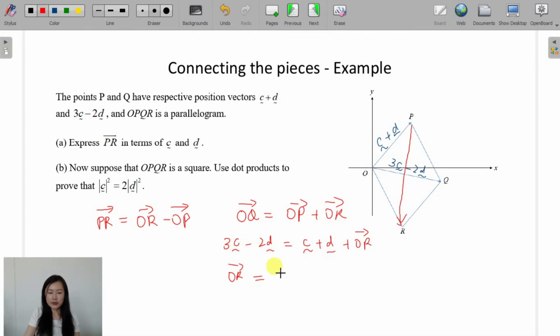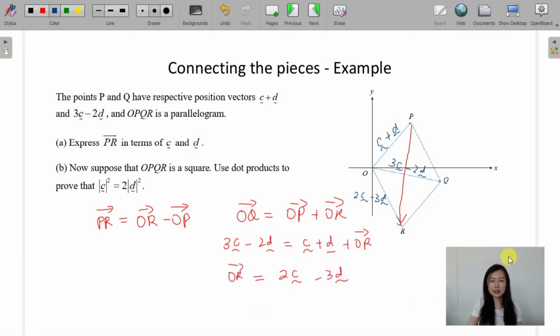So 3 minus 1, so that's 2, and then minus 3. Okay, so let me see if I can squeeze it in here. There we go. Okay, so that's what this guy represents.